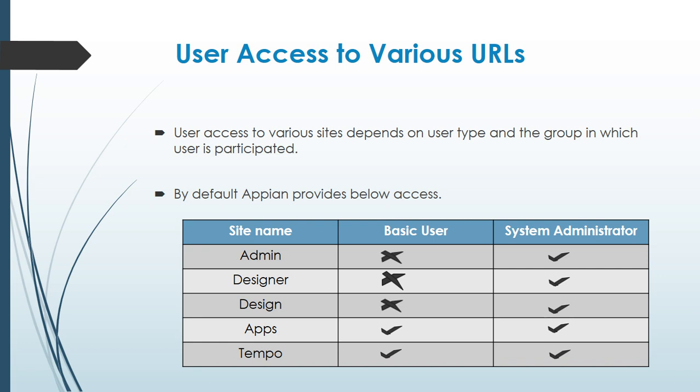By default, Appian provides these below accesses. So we are going to see this chart. We can see that a basic user only has the apps and the tempo security, while a system administrator can see every URL or tab in Appian.